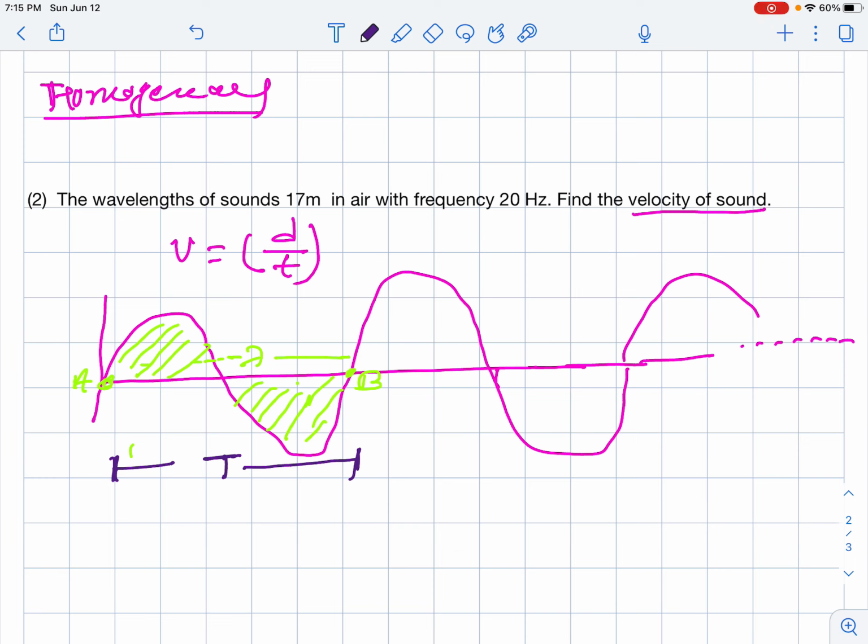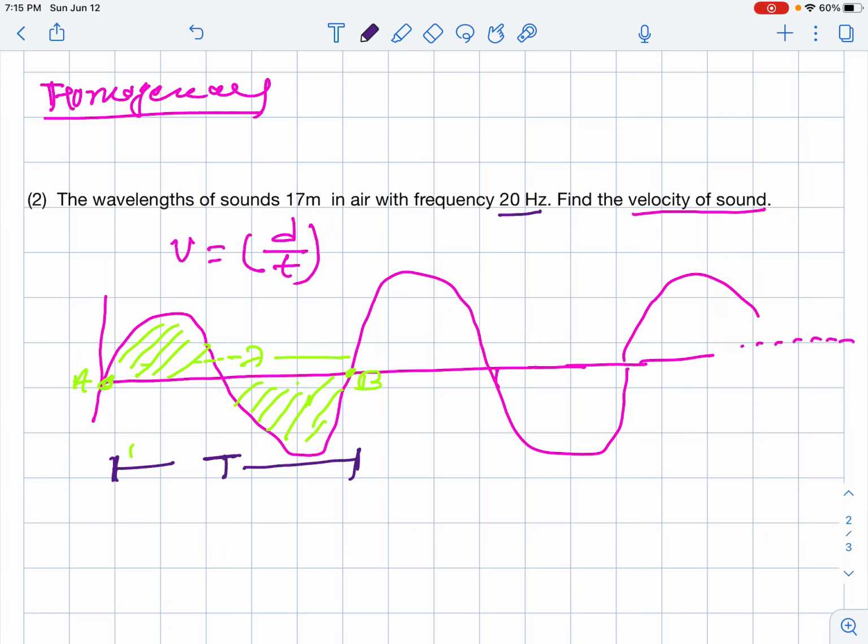And what is frequency? Frequency is the number of cycles in 1 second. For example, say it is 20. That means the sound travels 20 cycles in 1 second.